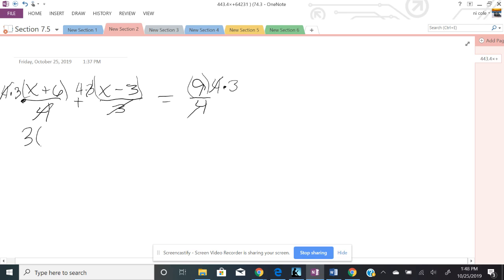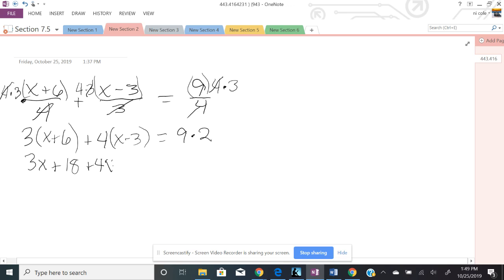So what I'd be left with is 3 times x plus 6 plus 4 times x minus 3 equals 9 times 3. In other words, you would be left with 3x plus 18 plus 4x minus 12 is equal to, oh, that should have said 27. So I'm going to combine my like terms, so that's going to give me 7x minus 6 is equal to 27.